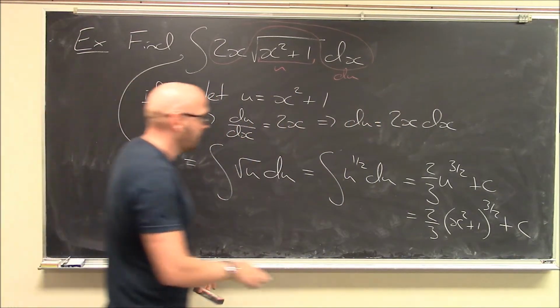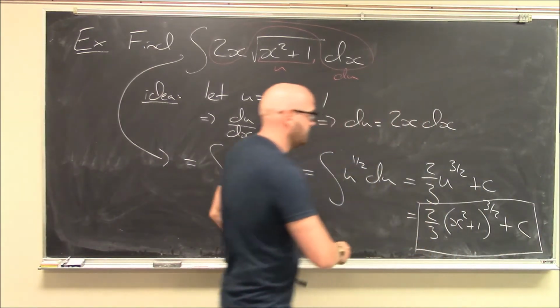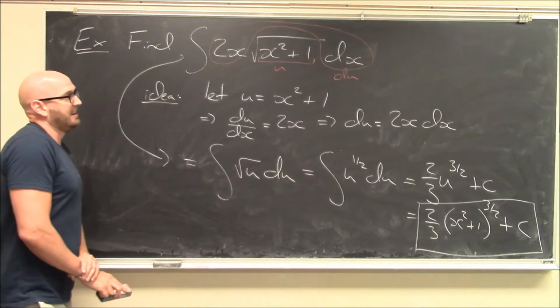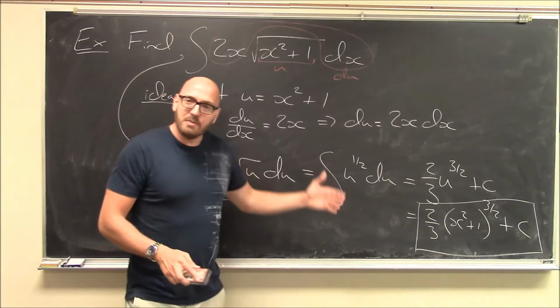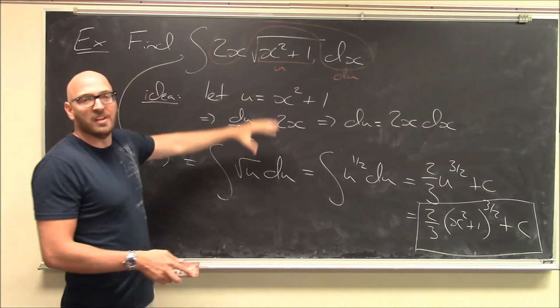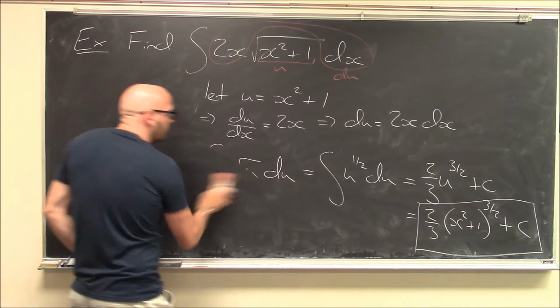And there's my answer. I claim that this is an antiderivative for that original function. Now, I haven't mathematically justified why I'm allowed to do any of this stuff, why this works, and I really won't. But what we can do is check that it did work.